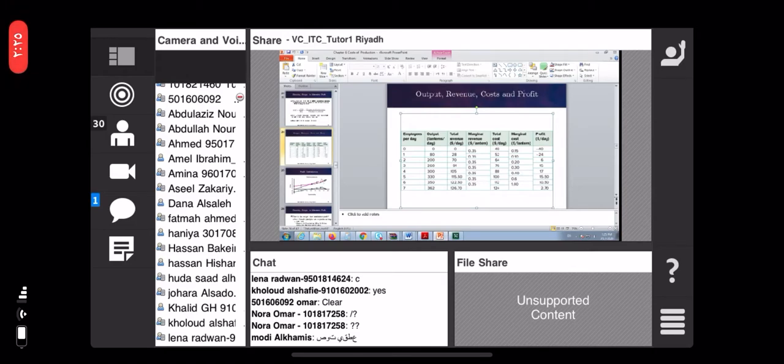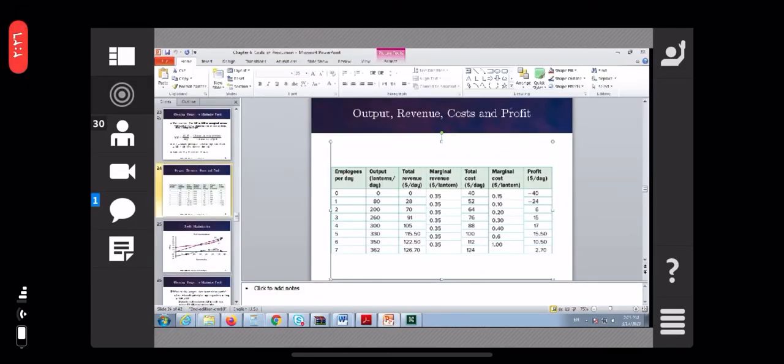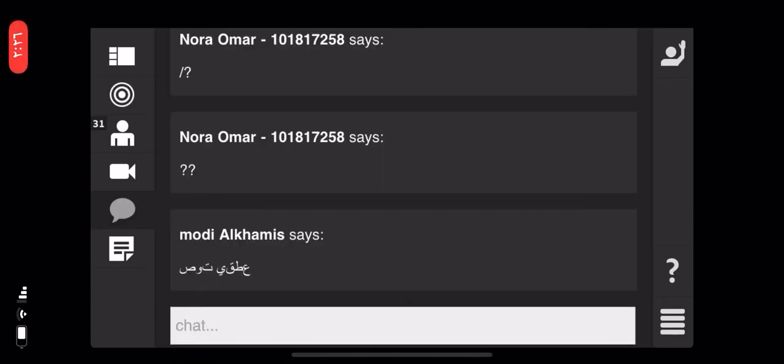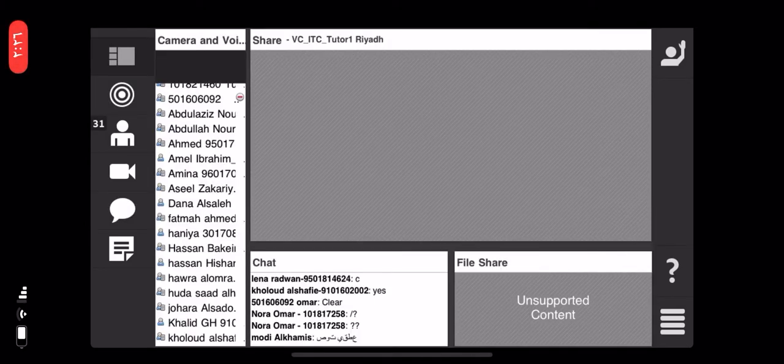This is a production function. I use one labor and produce 80. If I use 2 labor, I will produce 200. Until when do I have to continue using labors and produce more?